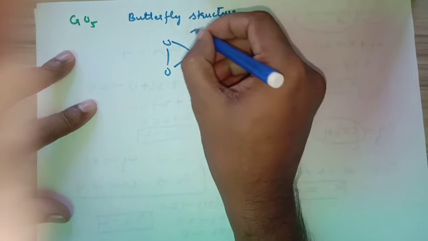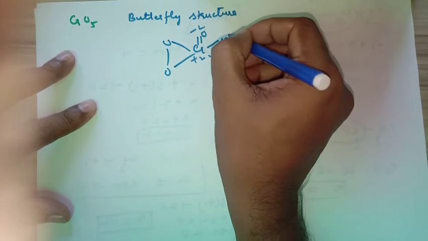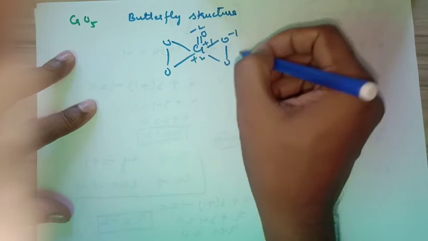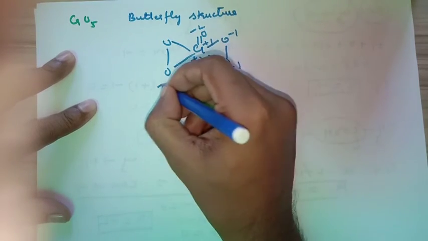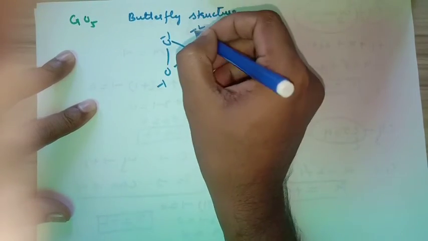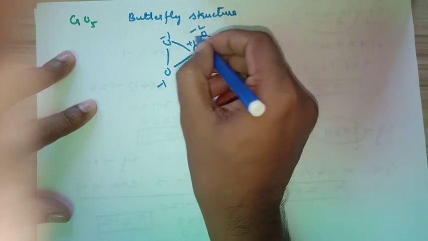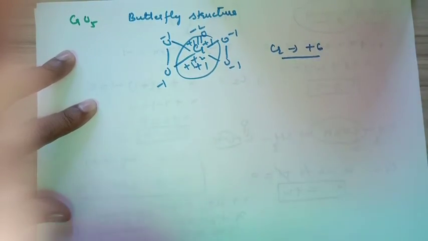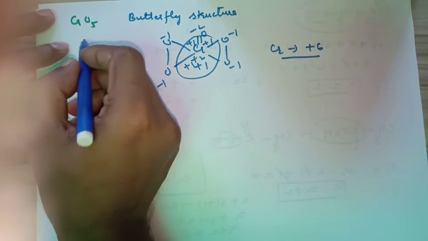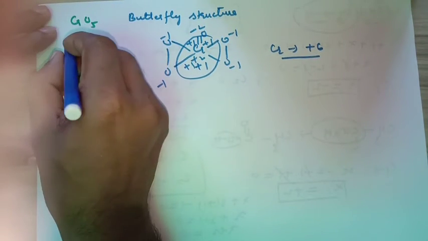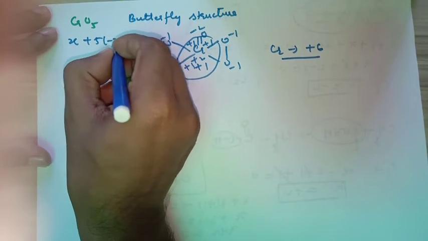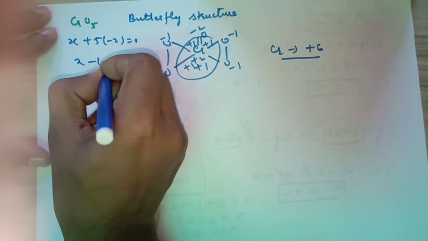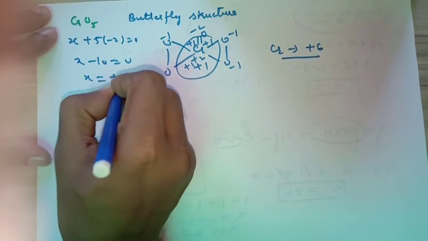So we know that for -2 this will give us +2, and for 1 oxygen it will give +1, -1, +1, this will be -1, this will be +1, this will be -1, and this is +1. So overall we see that chromium has oxidation number of +6. If you find it by conventional method, we'll see that X + 5 - 2 = 0. So X - 10 = 0, X = +10, which is not possible.